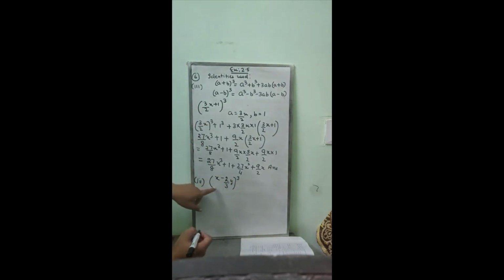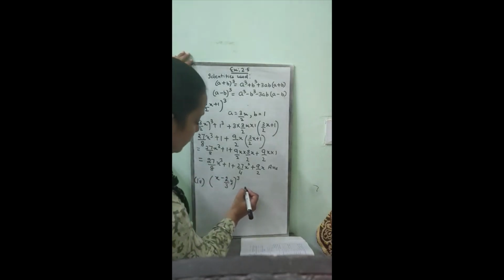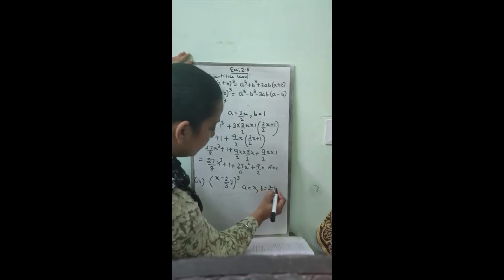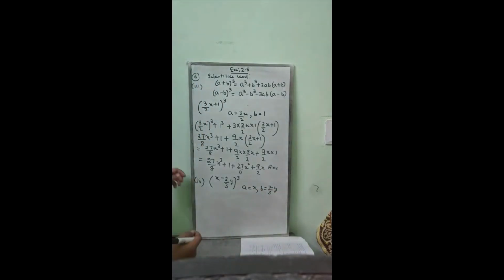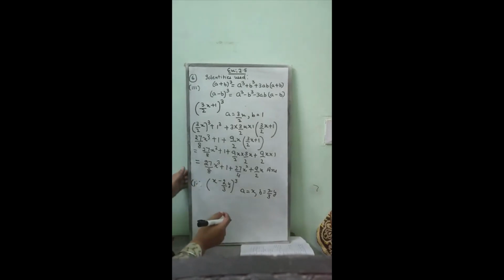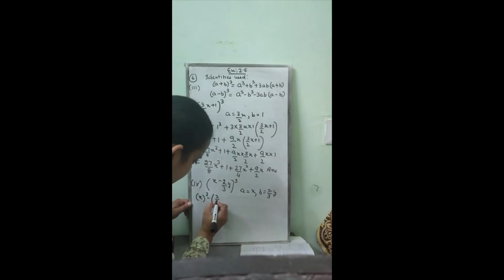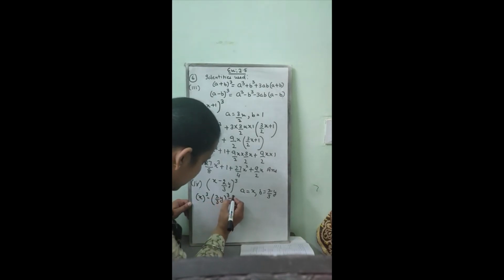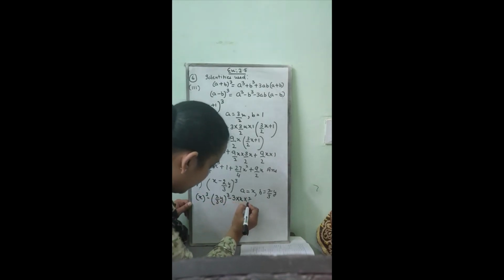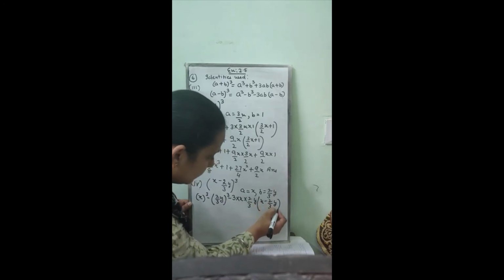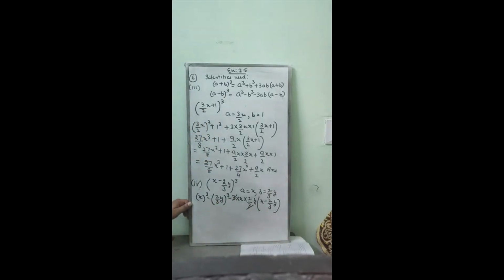This is (a minus b) whole cube. a is x, b is 2 by 3y. (a minus b) whole cube is a cube minus b cube minus 3ab into (a minus b), means x cube minus (2 by 3y) cube minus 3 into x into 2 by 3y, then (x minus 2 by 3y). 3 and 3 are cancelled.